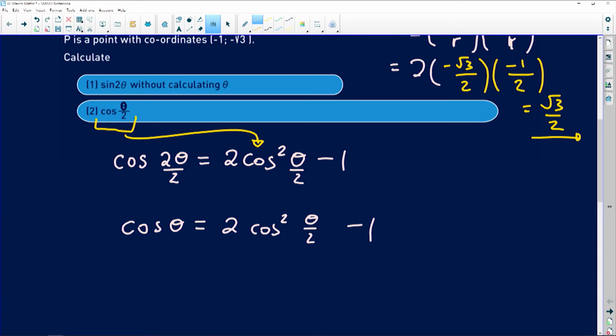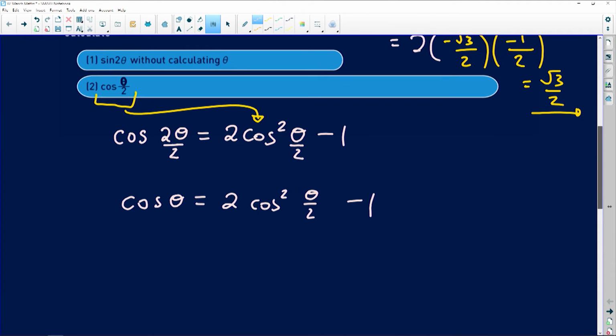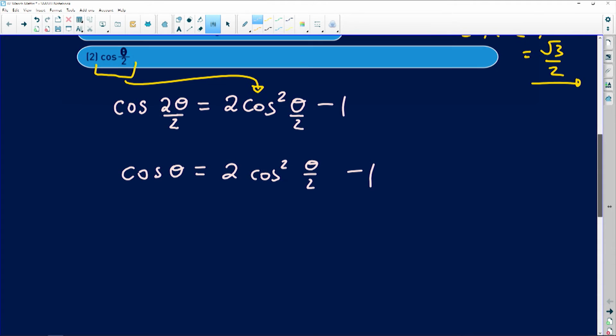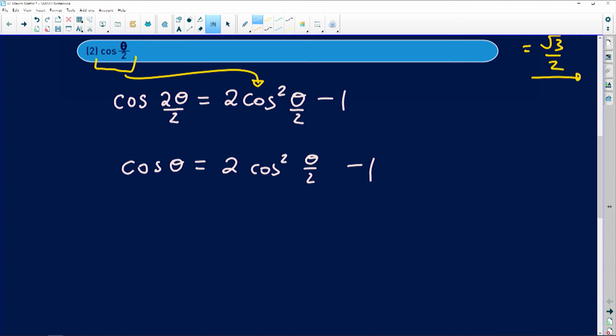So this is how you manipulate a double angle to simply be in terms of a half angle. You divide both the double part and the theta part in terms of whatever the ratio that you're looking for. In this case, we wanted it over 2, so this is basically what we end up with.